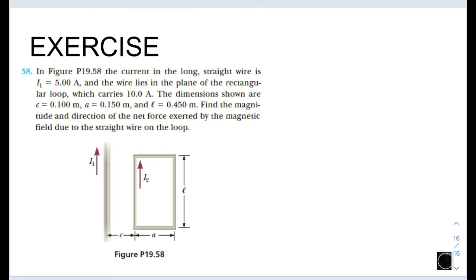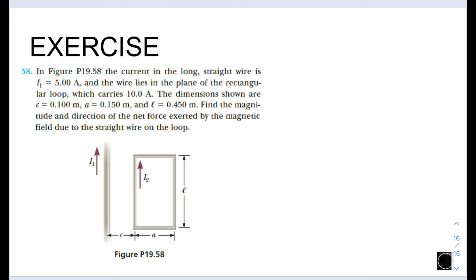And the wire lies in the plane of the rectangular loop, which carries 10 ampere. The dimensions shown are C equal to 0.1, A equal to 0.15, and L equal to 0.45 meter.